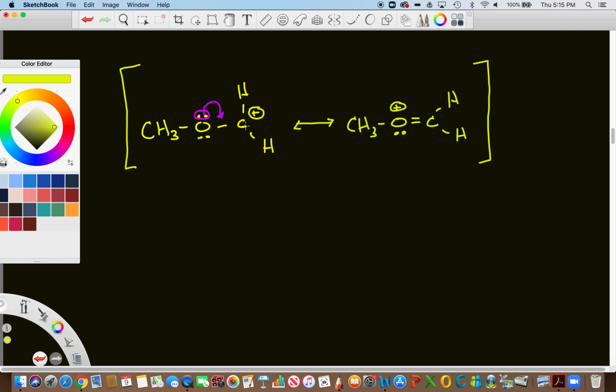This carbon has 6 electrons around it. It wants to have 8. So if we go over here, this oxygen has 8 electrons around it. This carbon here also now has 8 electrons around it. So it is the major contributor to resonance.